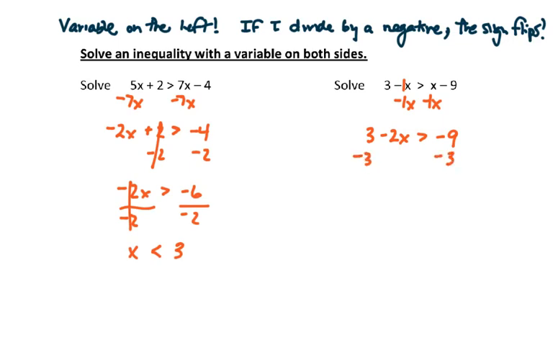Remember, we don't subtract what's on the right. We subtract that constant. So -2x comes down. That's -12. And we have another problem where we're dividing by a negative. We'll divide by -2. X is now less than, the sign flipped. X is less than 6.